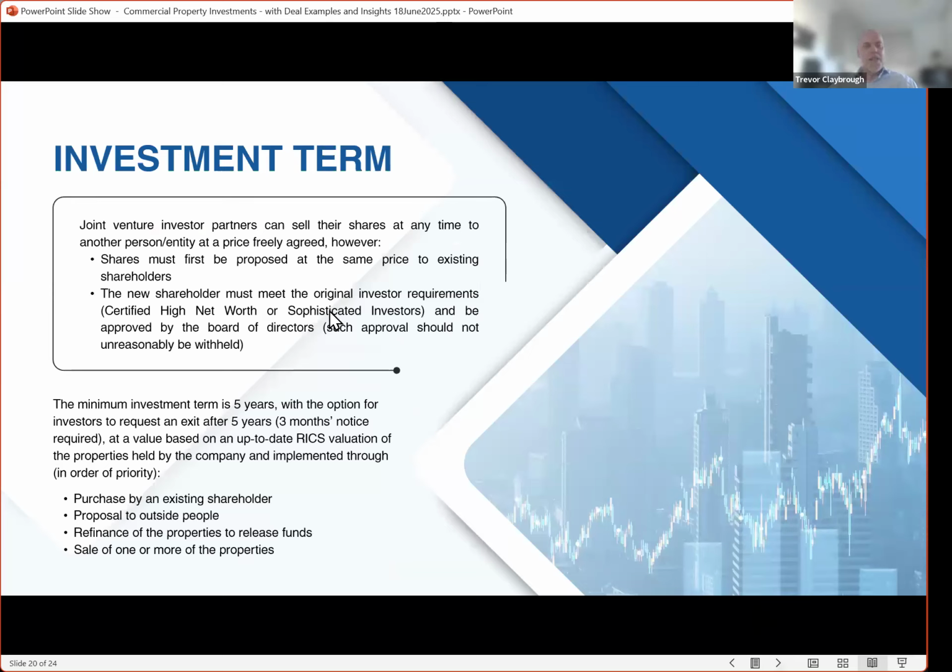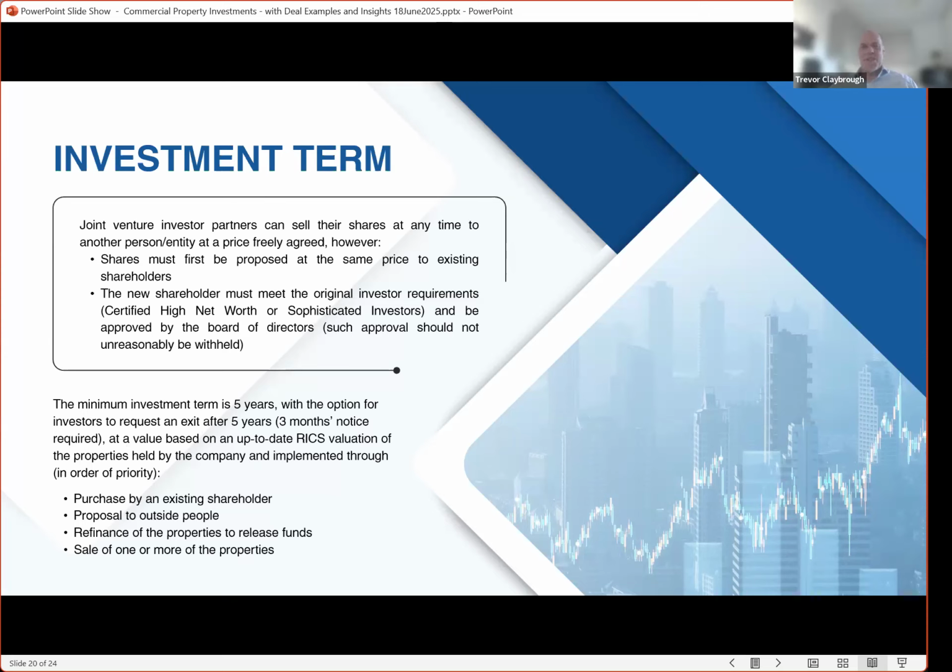So we're always generally talking about, on these joint ventures, a minimum of 5 years investment time. It's always possible, and we always put in the shareholders agreement, that people can sell their shares to someone else at any point in time, as long as the new investor meets the same investment criteria.